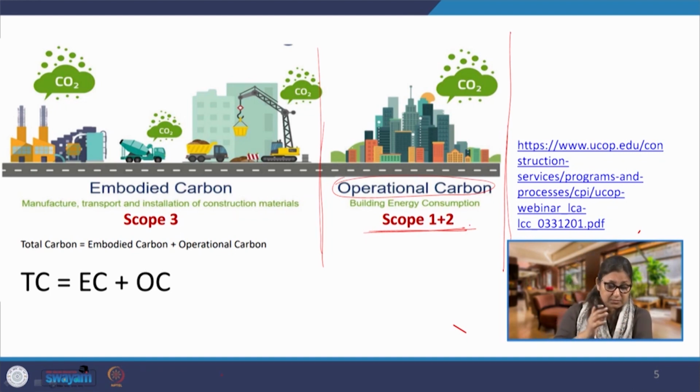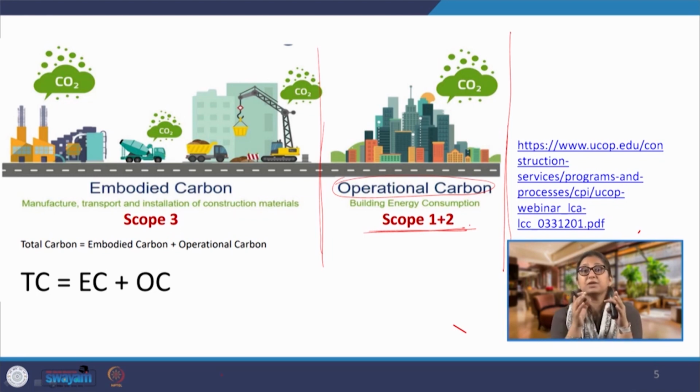So, not direct, but due to manufacturing of the materials, due to transportation of the material from extraction site to the manufacturing site, and then during the process of manufacturing, from manufacturing site to the construction site, the process of construction itself, all this will consume a lot of energy.